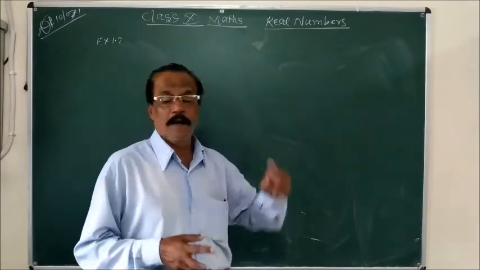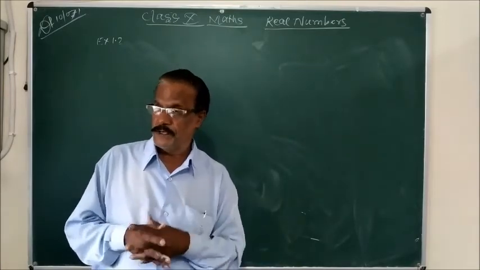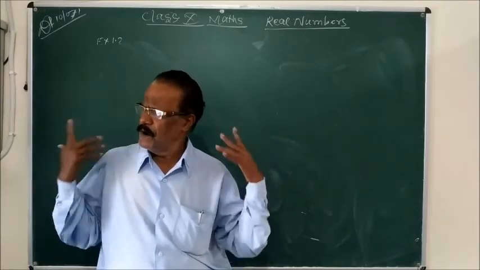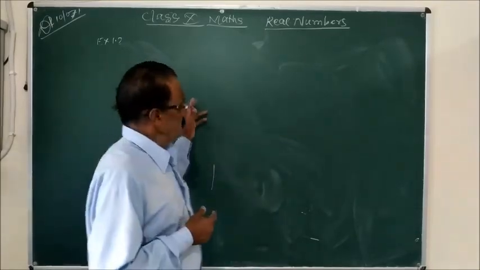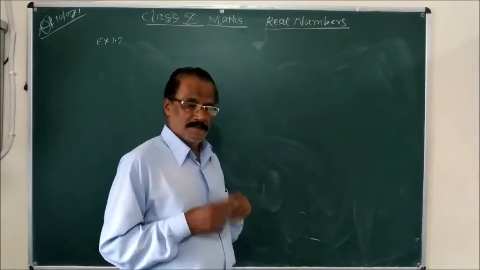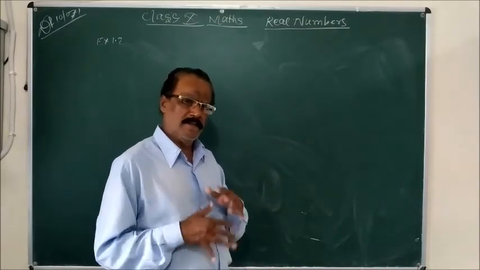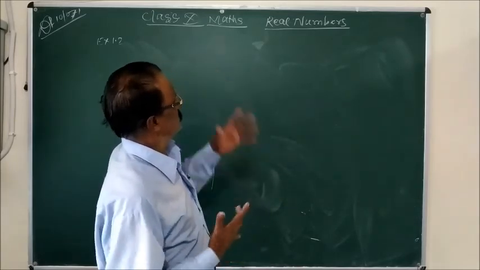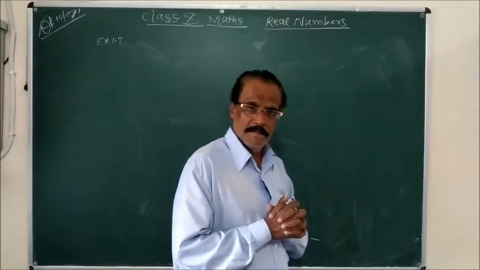If the prime factorization of the denominator is of the form 2 power n or 5 power n, that will be terminating, otherwise no. And if it is terminating, you change into decimal. This is question number 1 and there are many questions in it. So that's all. This is the end of this chapter.